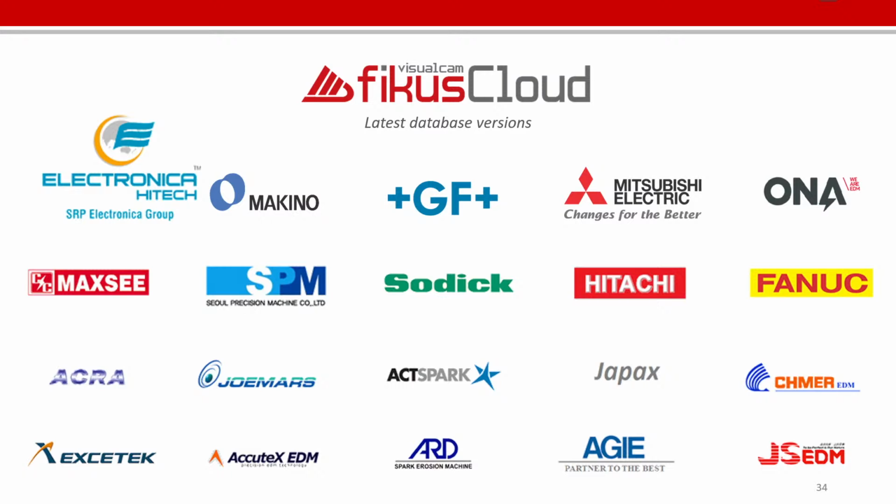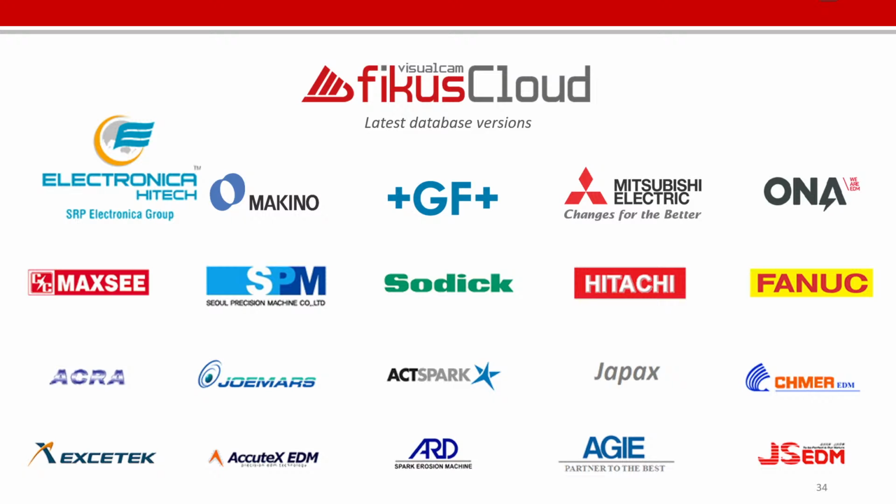Next is Ficus Cloud. This is our application where you can have the latest database versions inside it. We have all machine databases, as you can see on the screen: Electronica, Hightech, Makino, GF, Mitsubishi, Ona, Maxi, SPM, Sodic, Hitachi, Fanuc, Acra, JMac, Axpark, Joimer, Exitech, and Aji Architects.